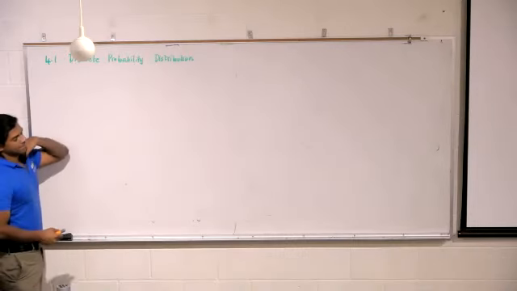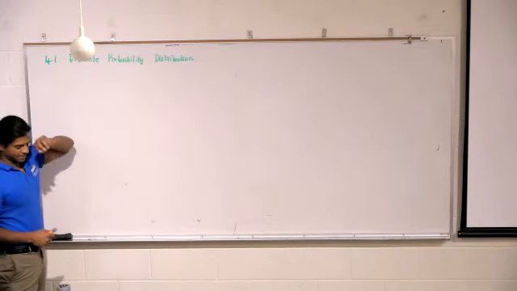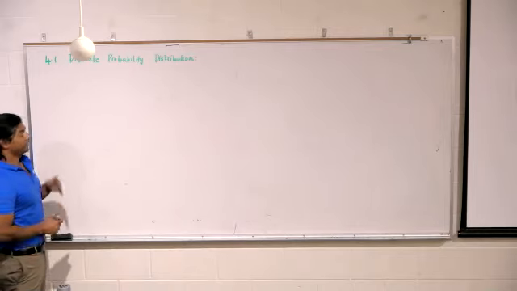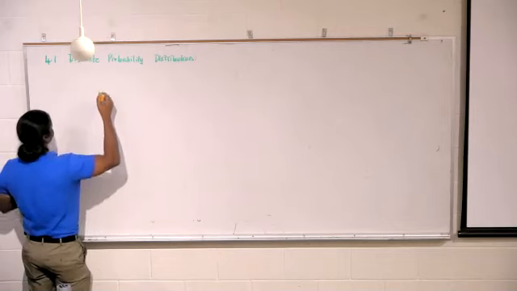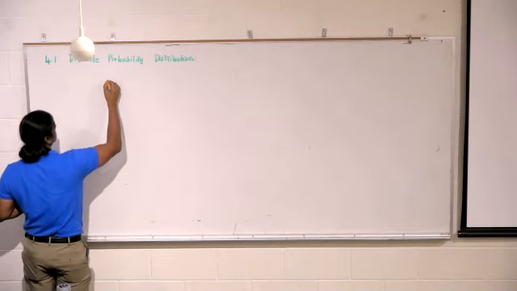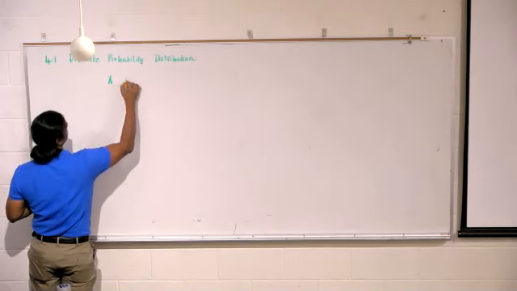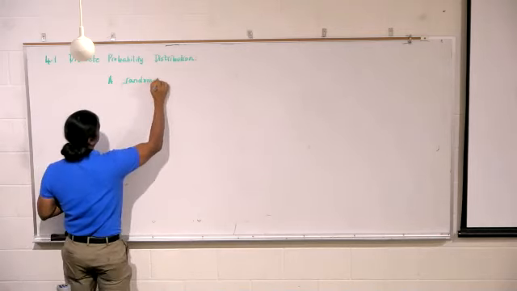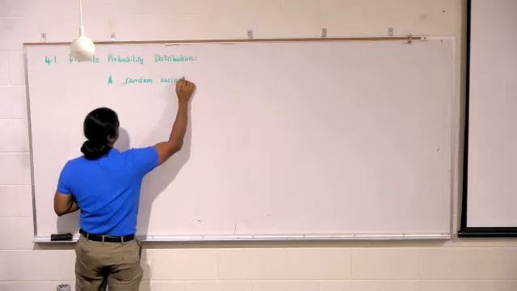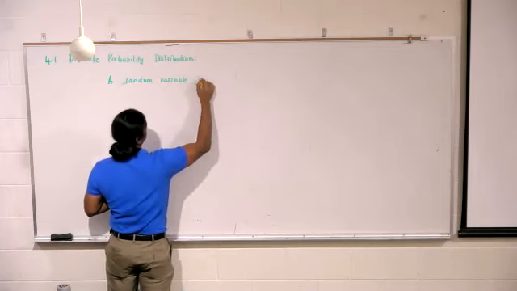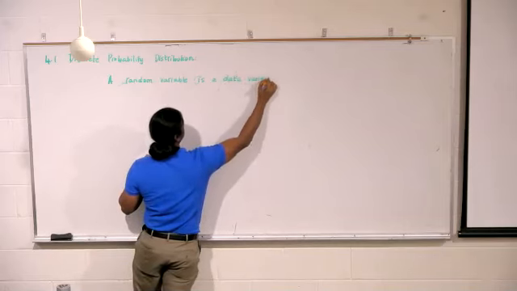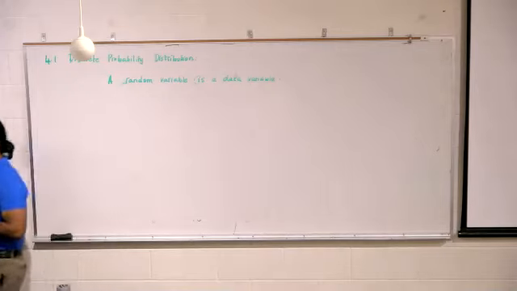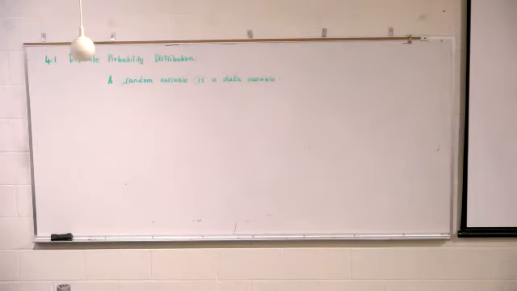Okay, so we are going to talk about discrete probability distributions. Before we do that, we've got to know what a discrete random variable is. Anytime we refer to a random variable, it is simply a data variable, and we are talking about data.